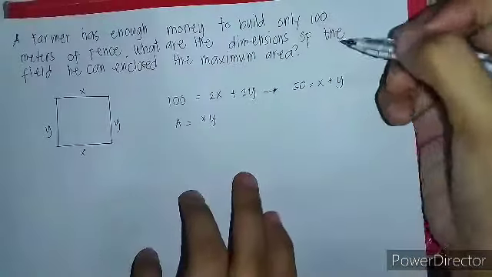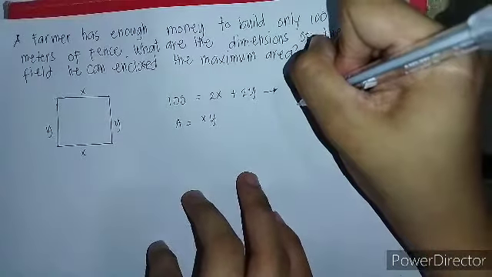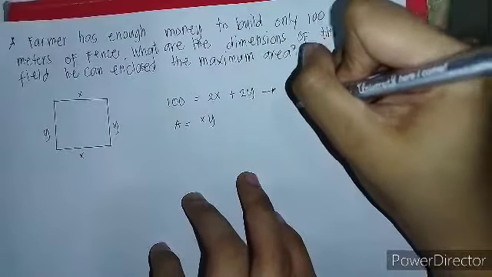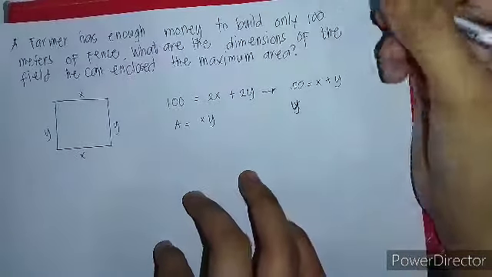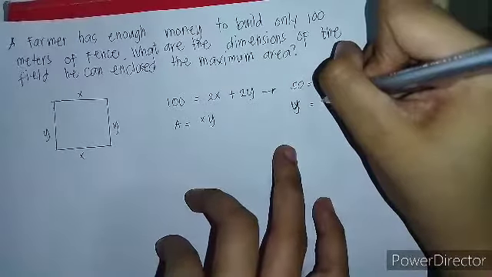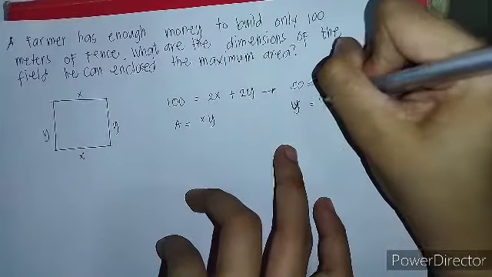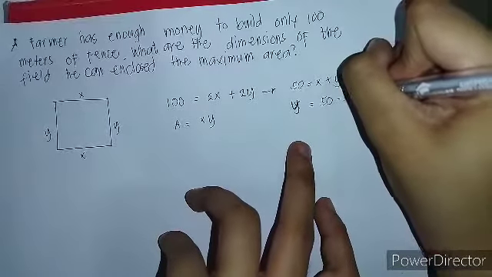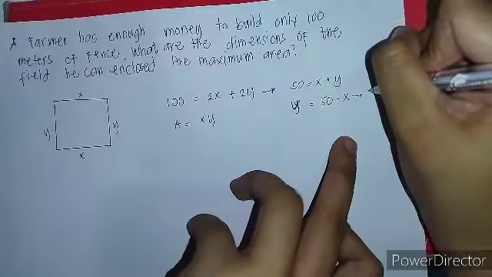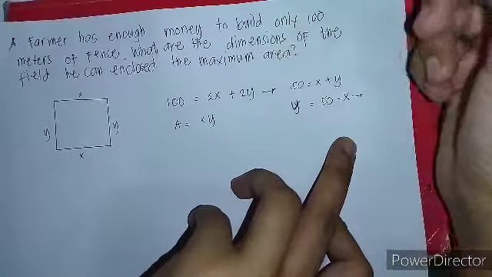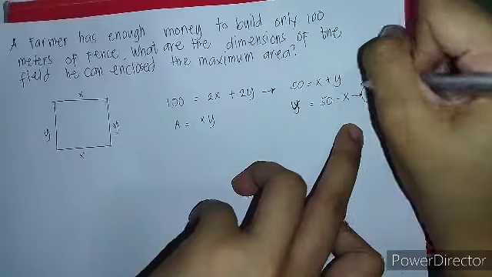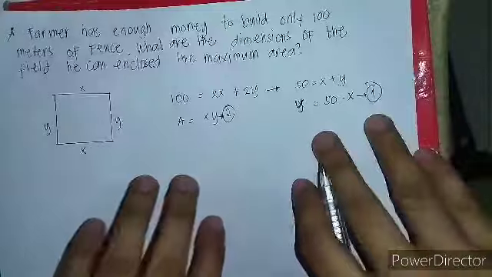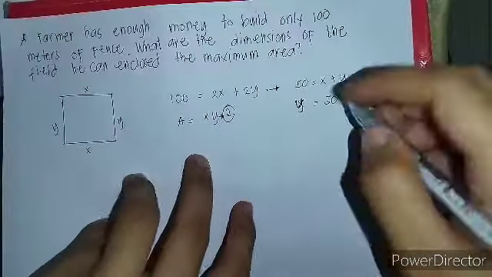Then we can transpose x here. Y is equal to 50 minus x. So this is our second equation. We have the first equation, the second equation, and then next is to substitute.